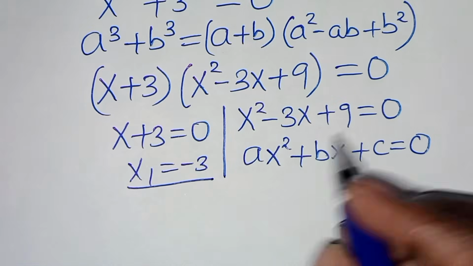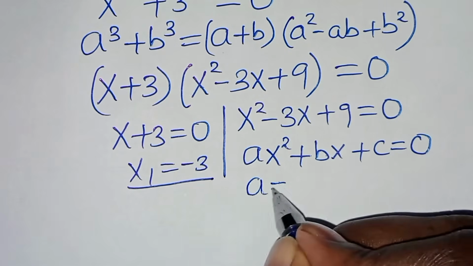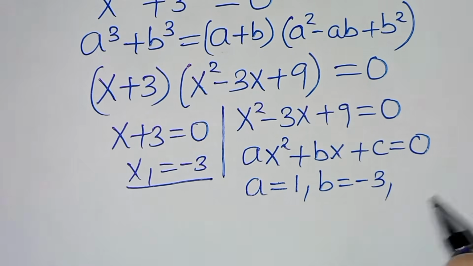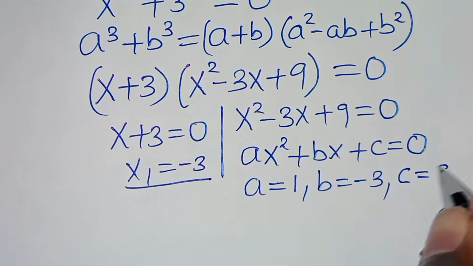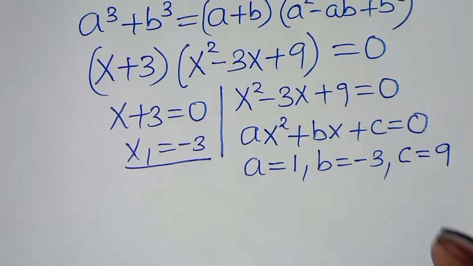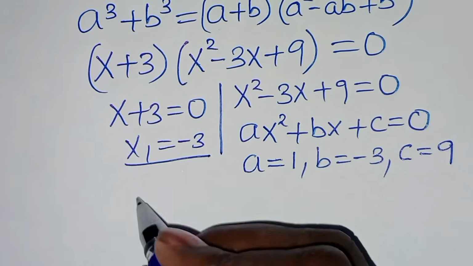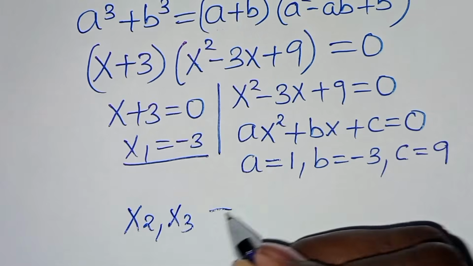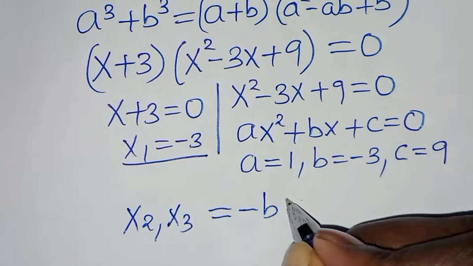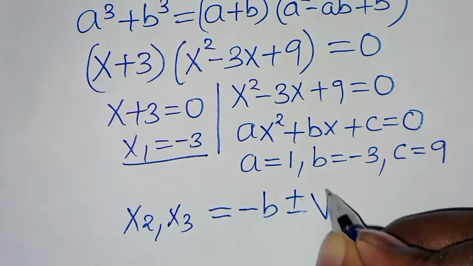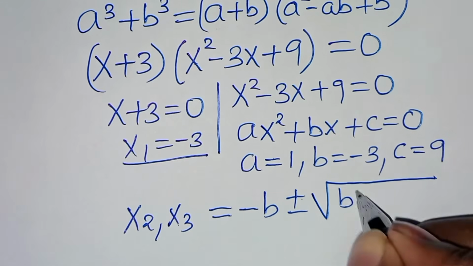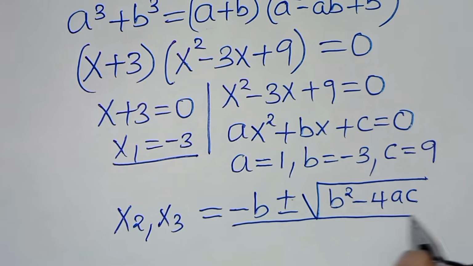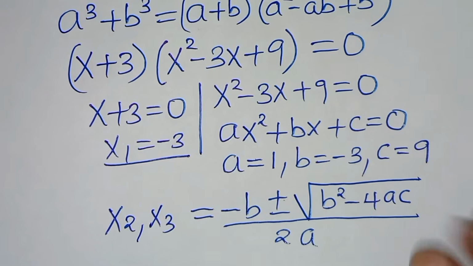From this quadratic equation, we have that a is equal to 1, b is equal to minus 3, and c is equal to 9. Now, applying the quadratic formula, x2, x3 is equal to minus b plus or minus the square root of b squared minus 4 times a times c, divided by 2 times a.